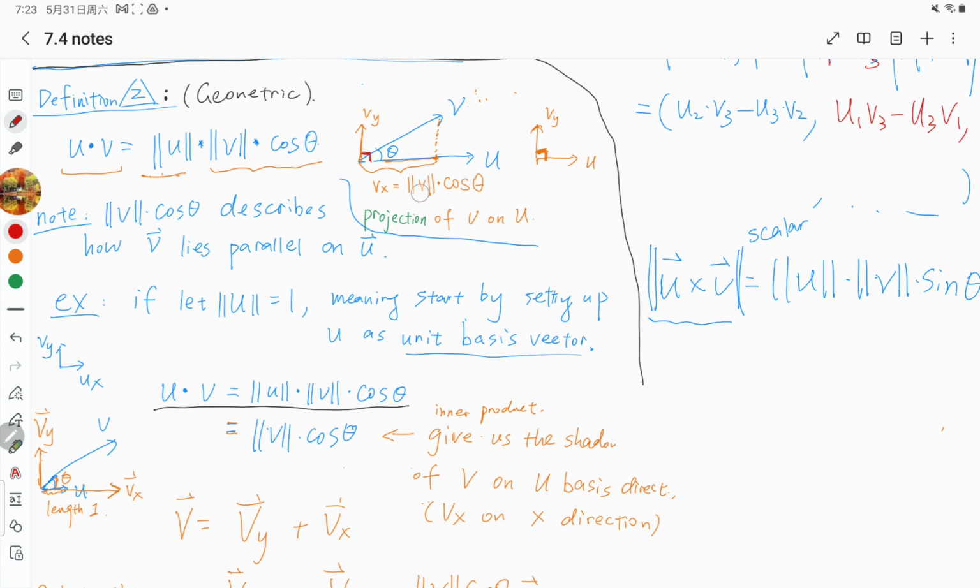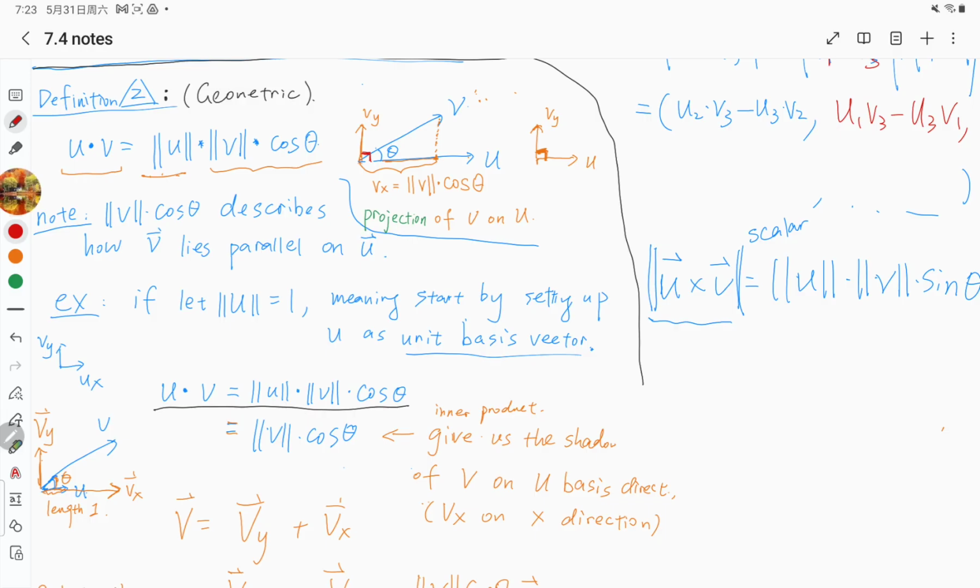Because V minus the norm of V times cosine theta gives us the Vy, which is orthogonal to U. So in this way, we obtain a vector that is orthogonal to U.